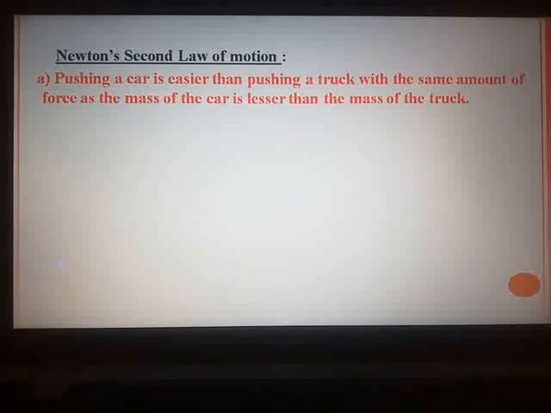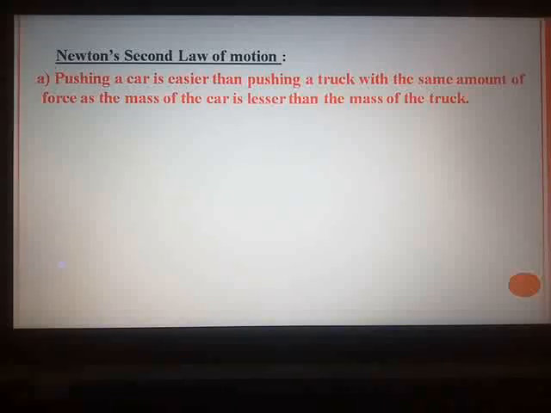The rate of change of momentum is directly proportional to the applied force. And the change of momentum occurs in the direction of force. So here momentum is a product of mass and velocity. So when you compare a car and a truck, pushing a car will be easier than pushing a truck.